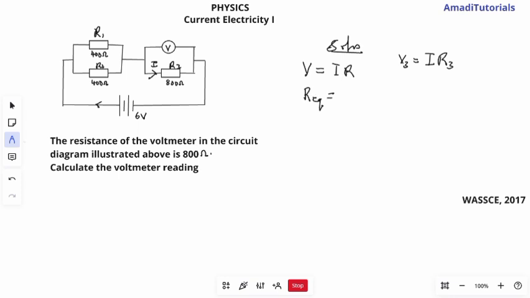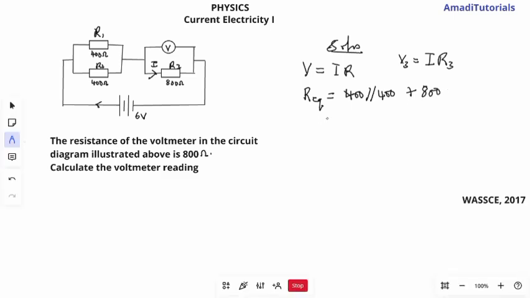So first we are going to calculate the equivalent resistance R. Equivalent resistance R will be 400 parallel 400. These two that are in parallel will be in series with this 800 ohms resistor.